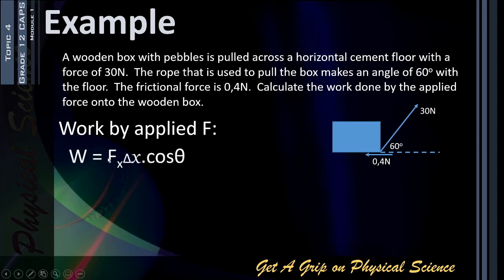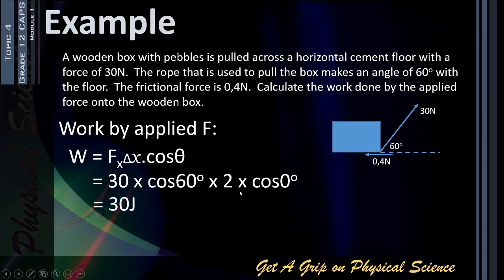So substitute the horizontal component of the force, which is the applied force of 30 Newton times the cos of 60 degrees, times the displacement of 2 meters. And because we know that the horizontal component and the displacement are both in the same direction, we can substitute a cos of 0 degrees. And that will give us an answer of 30 joule.